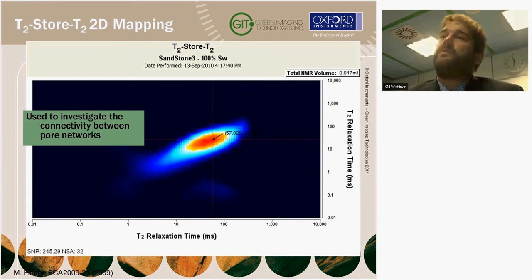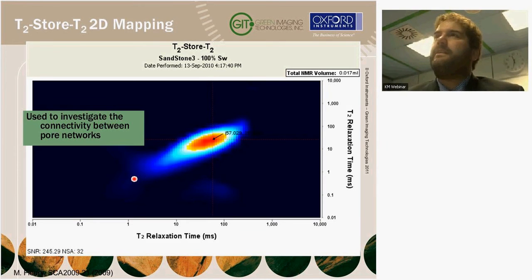So what we do is we perform one of those T2 experiments, and then we pause the experiment halfway, and then we continue. If something happens during that pause, we end up with a T2 that's not equal to the first T2. What does that mean? Well, if we put a 1-to-1 line on here, and the signal falls on the 1-to-1 line, then nothing is happening during that wait time.